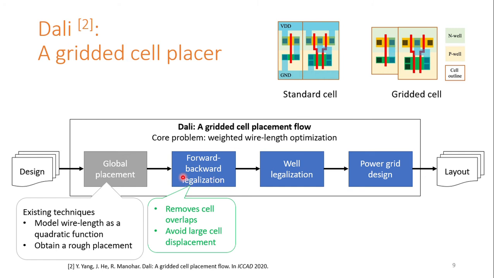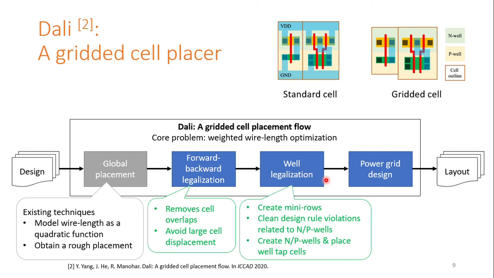After forward-backward legalization, we run well legalization, in which we create mini rows by grouping gridded cells together into fixed-width rows so that we can perform well legalization, which means we want to clean up design rule violations related to NP wells and also create NP wells and place well tap cells for this group of gridded cells, the mini rows.